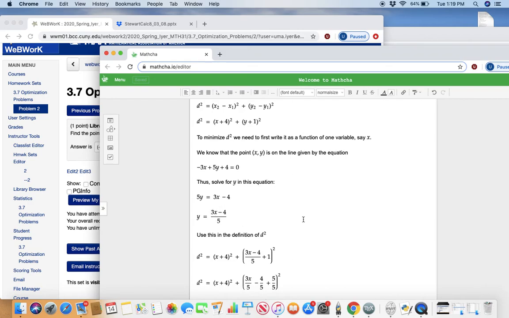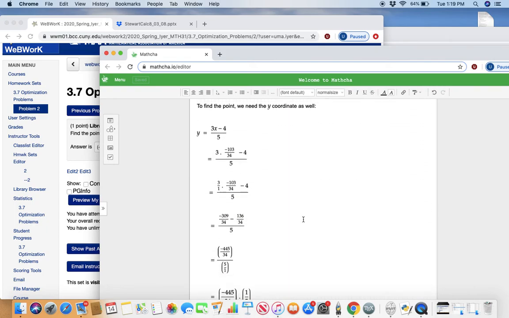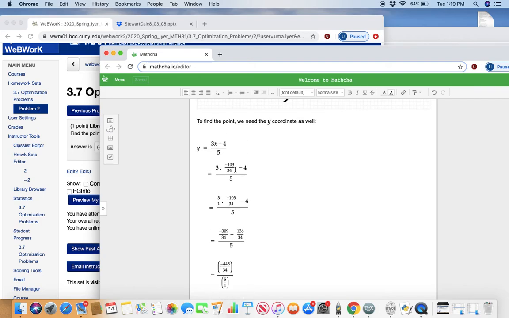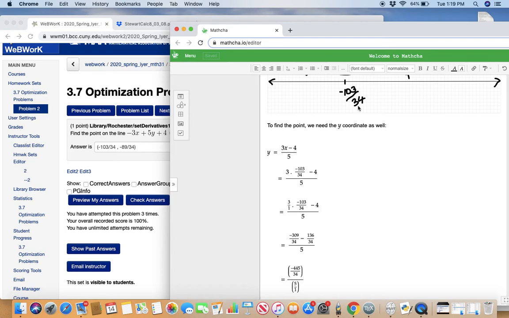So you have an expression for y. So I'll plug in 103 in that expression. Okay, so you could simplify it the way I have done, or you could actually write down this expression there. Okay, so let me simplify it. I'm substituting x equals negative 103 over 34 for x.